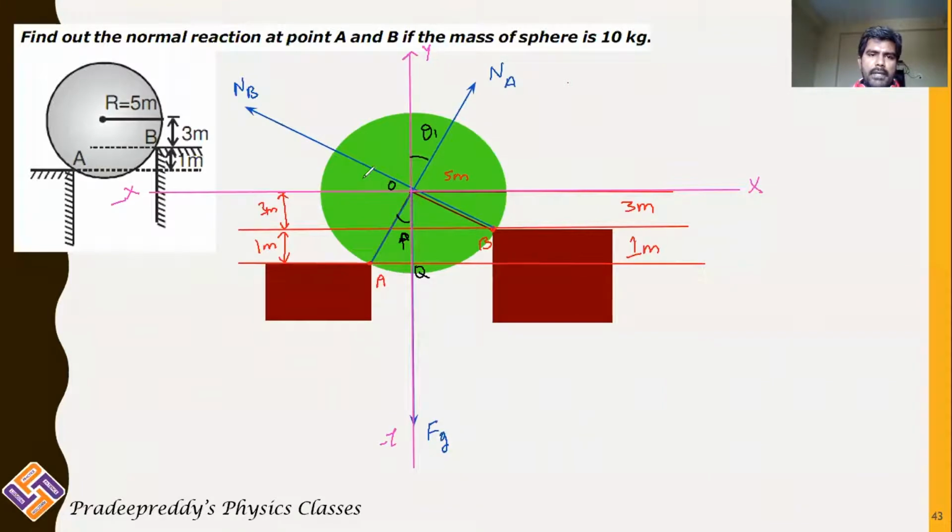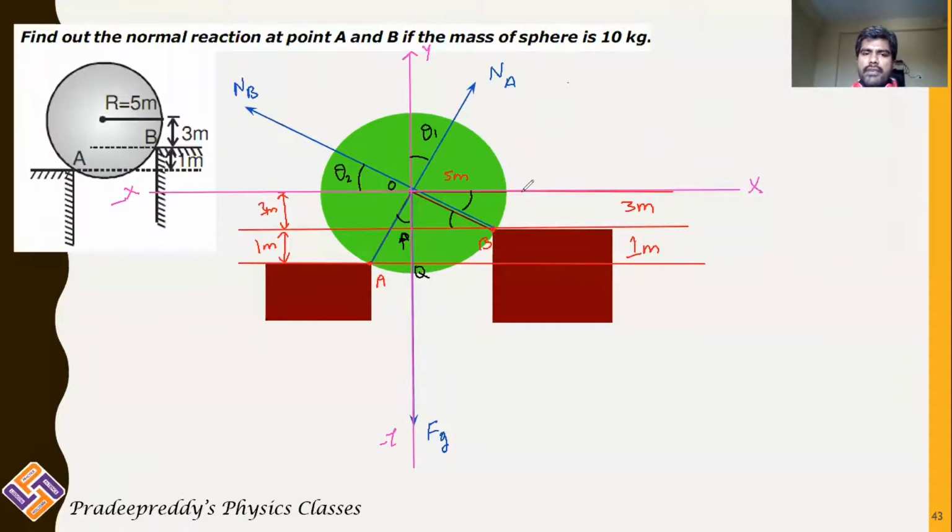Next, see, check it up. This angle and this angle would be the same, that is theta 2. I consider it as theta 2. Now in order to find theta 1 and theta 2, without knowing theta 1 and theta 2, you cannot resolve normal reactions Na and Nb.